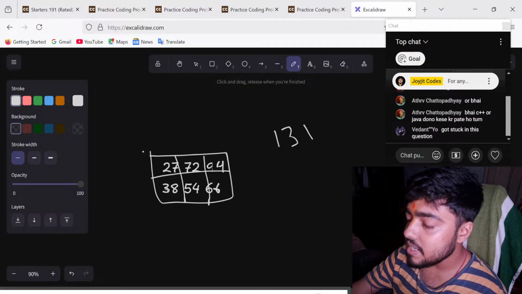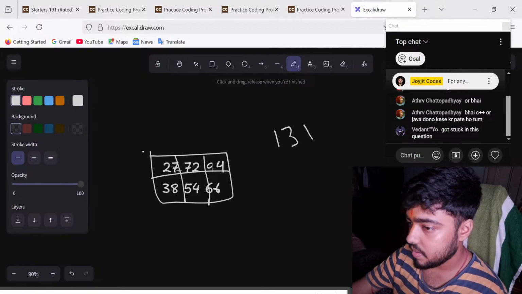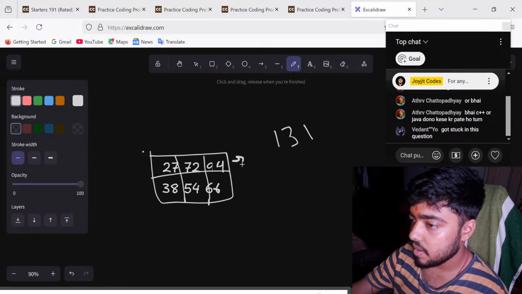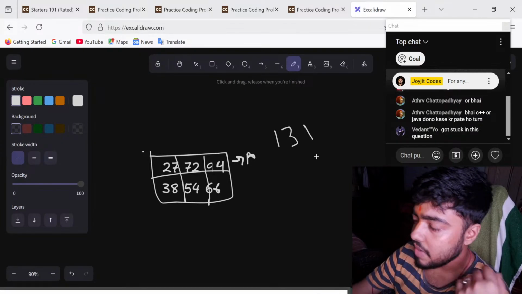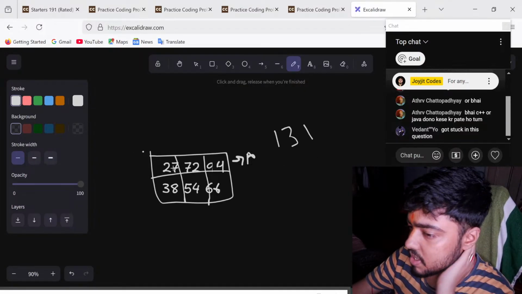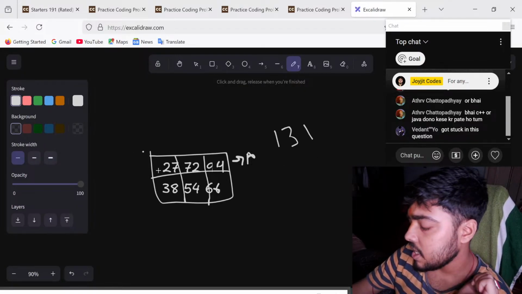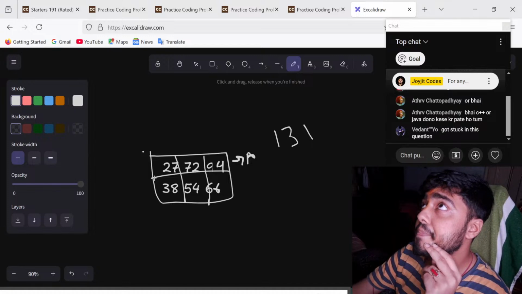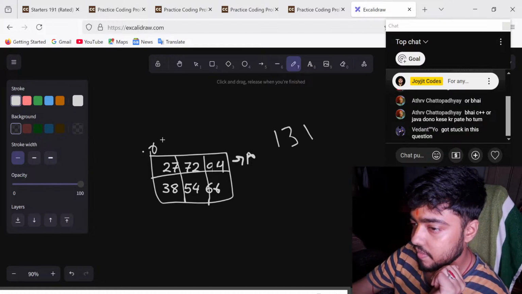If I add this 38 and 27, this is my A. If I add them, what happens? It is well within 131, right? It becomes 65.